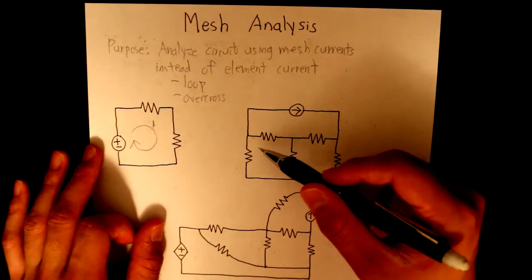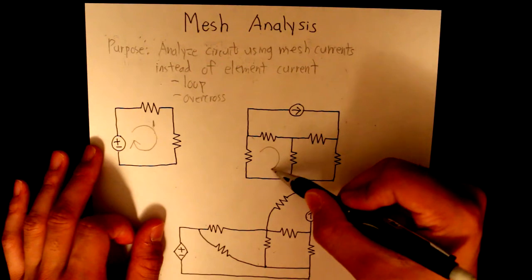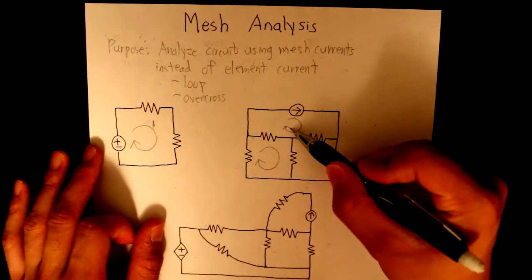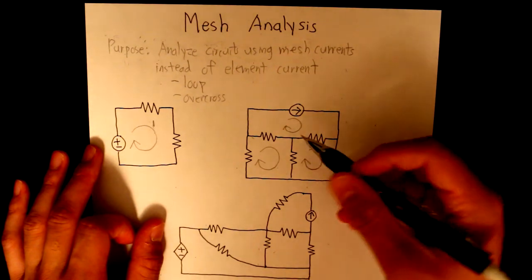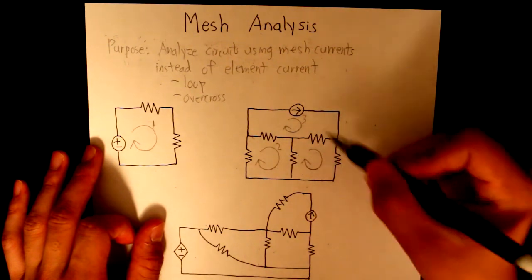And then moving on to the second circuit, we have a mesh current right here, another one up here, and another one down here. And we can label that as I2, I3, and I4.